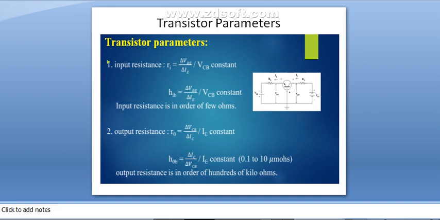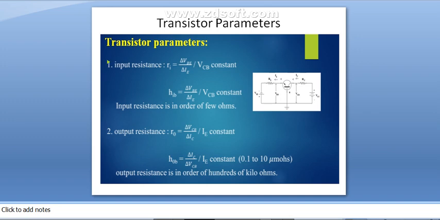Next parameter is output resistance. It is the ratio of change in output voltage to change in output current when input current is constant. It is HOB. Output resistance is in the order of hundreds of kilo ohms. In CB configuration, input resistance is low and output resistance is high.